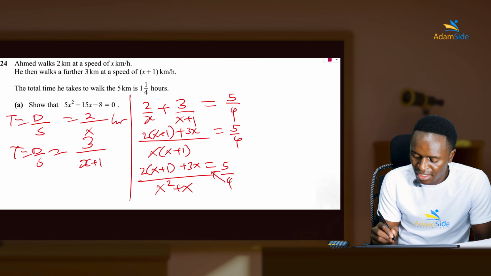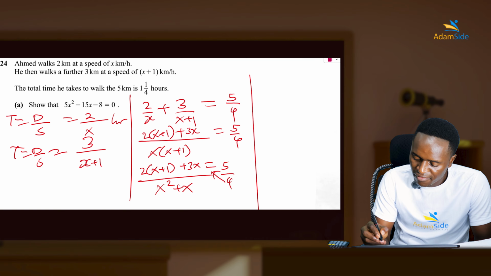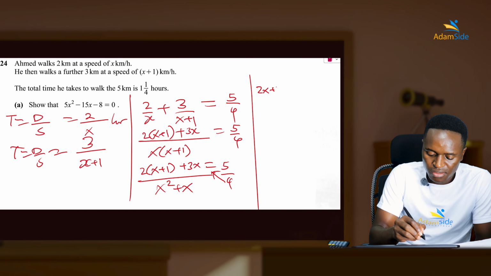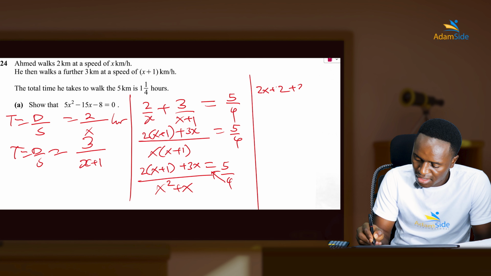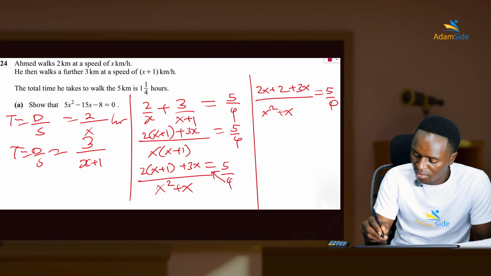If you cross multiply there, definitely you will have this as 2x plus 2, because you're multiplying 2 times x, 2 times 1, 2 plus 3x over x squared plus x is equal to 5 over 4.